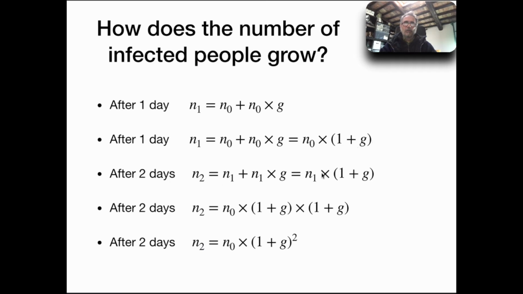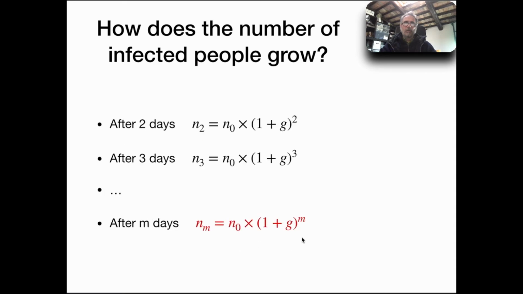After 2 days is n1 multiplied by 1 plus g, and then if we substitute n1 with n0 multiplied by 1 plus g, you actually get n0 multiplied by 1 plus g multiplied by 1 plus g, which is n0 multiplied by 1 plus g squared.